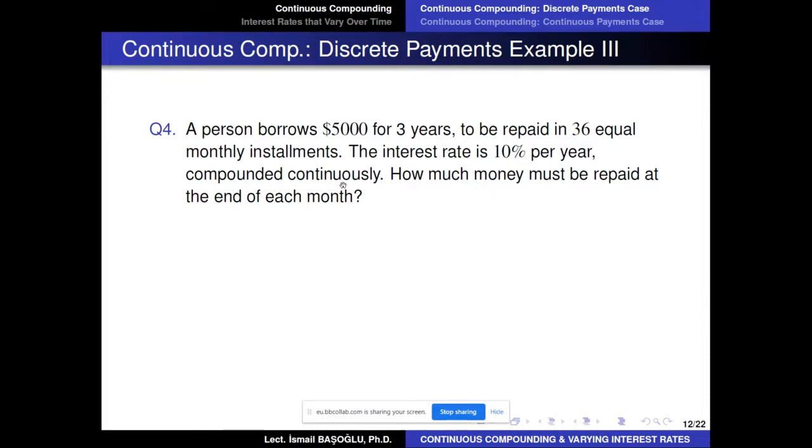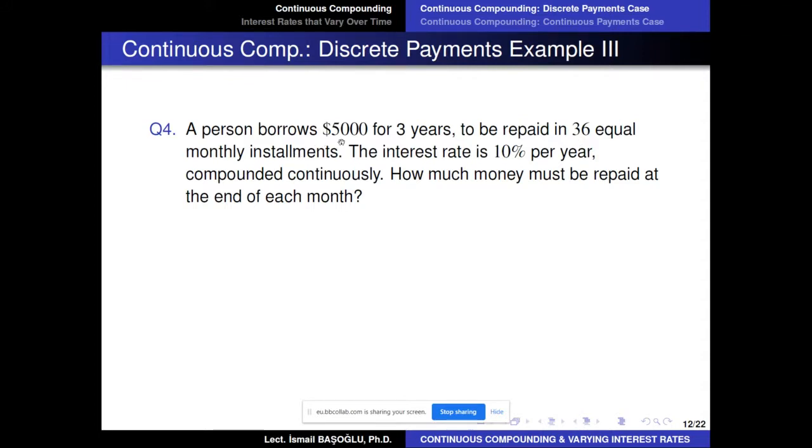We are going to solve our question with the compound amount factors obtained from the second table, or we can use the continuous compounding formulas.